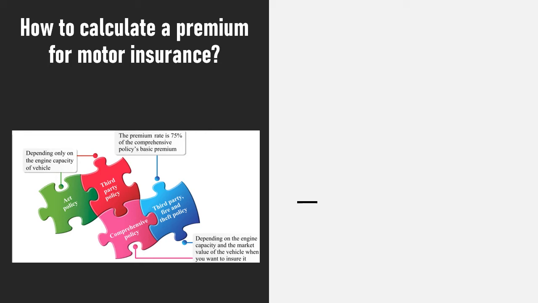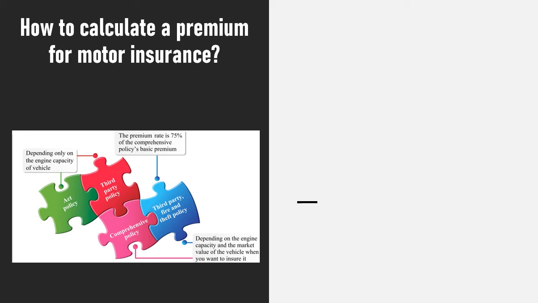So there are four types of motor insurance, but the comprehensive policy is where it covers almost everything. If you want to know more, you can refer back to the video in part 2.